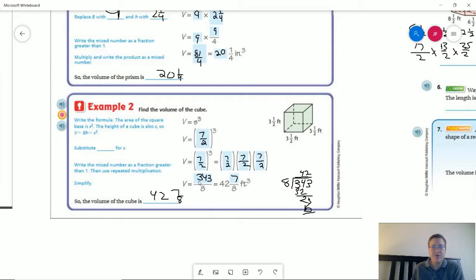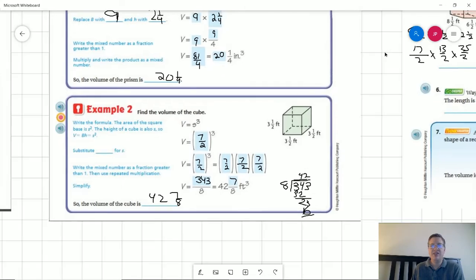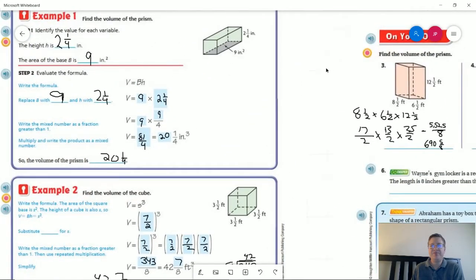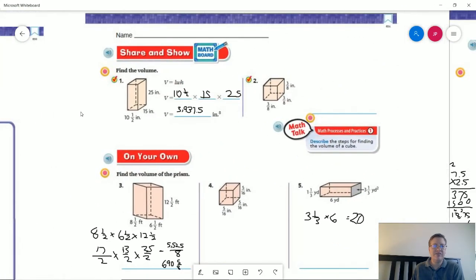That would give us 343 on the top, and then we did our work here. So we have 42 with a remainder of 7, which means we would have 42 7/8 feet cubed, or cubic feet, for the volume.